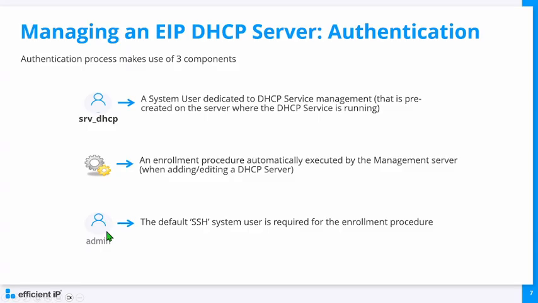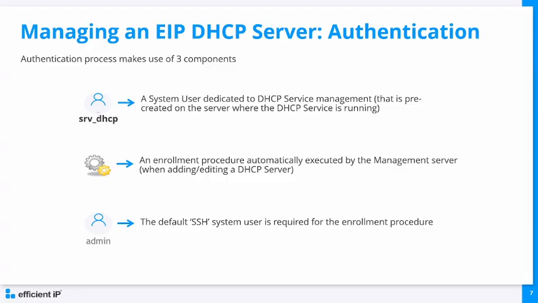And the first time when you enroll, you need the SSH admin account of the DHCP server, because the management server needs to log into the remote DHCP server using admin for the enrollment process the first time.